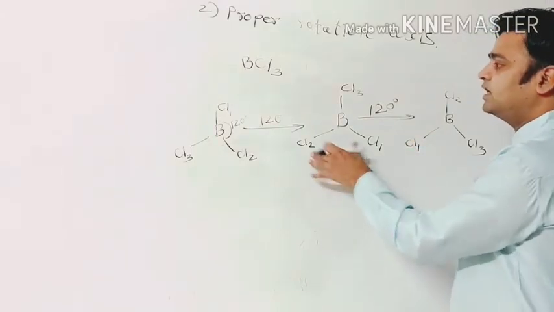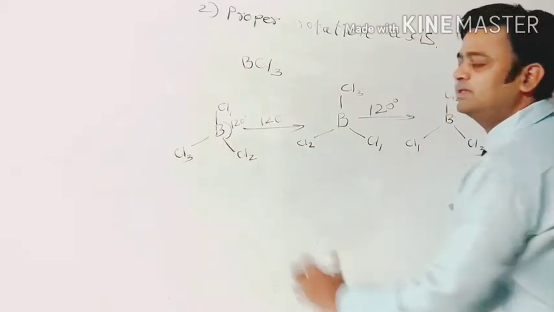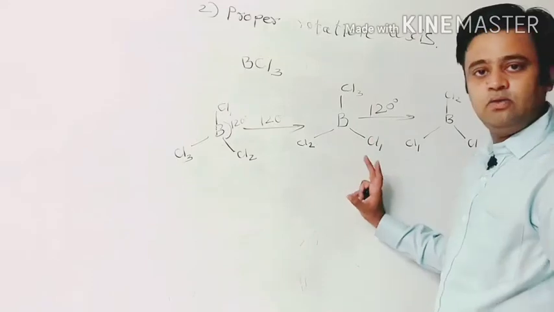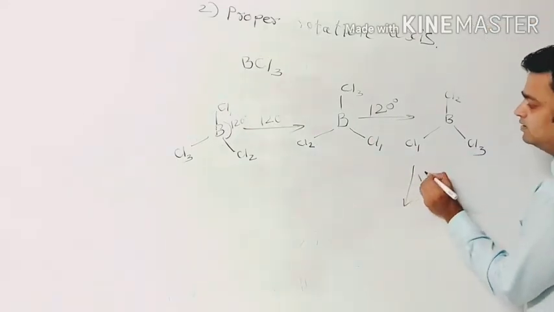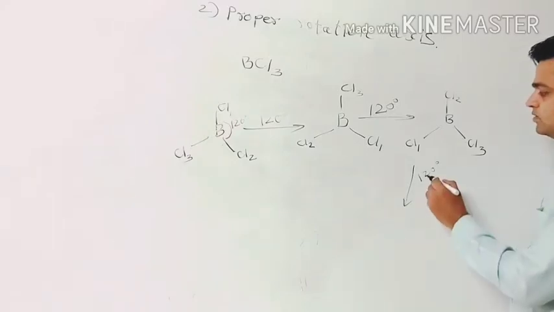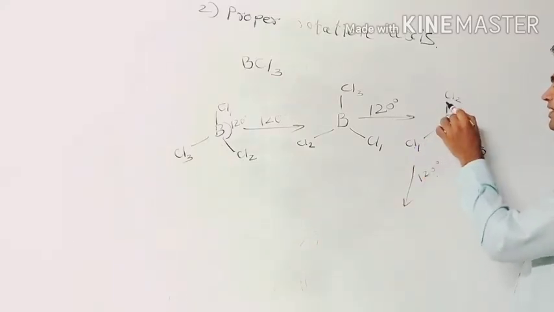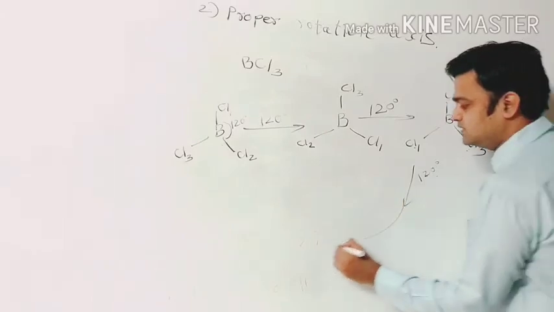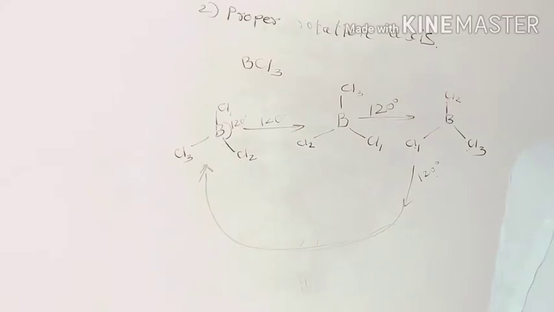See, this is the equivalent configuration of this one. This one is also equivalent configuration with this one. They are not identical configuration, they are equivalent configuration. Remember. Now again, we will rotate it through 120 degree. Cl1 will be replaced by Cl3, Cl2 is replaced by Cl1 and Cl3 is replaced by Cl2. That means you get the actual configuration as that of the first one, identical configuration.